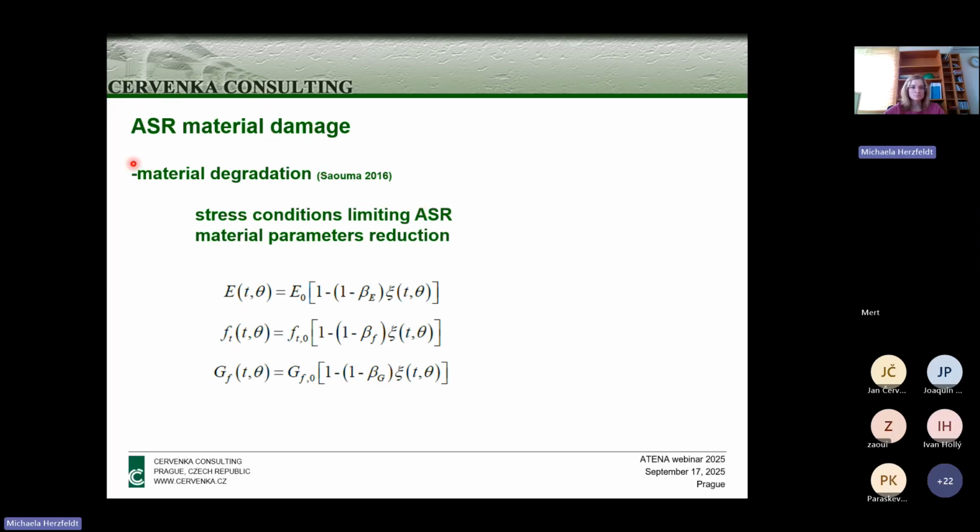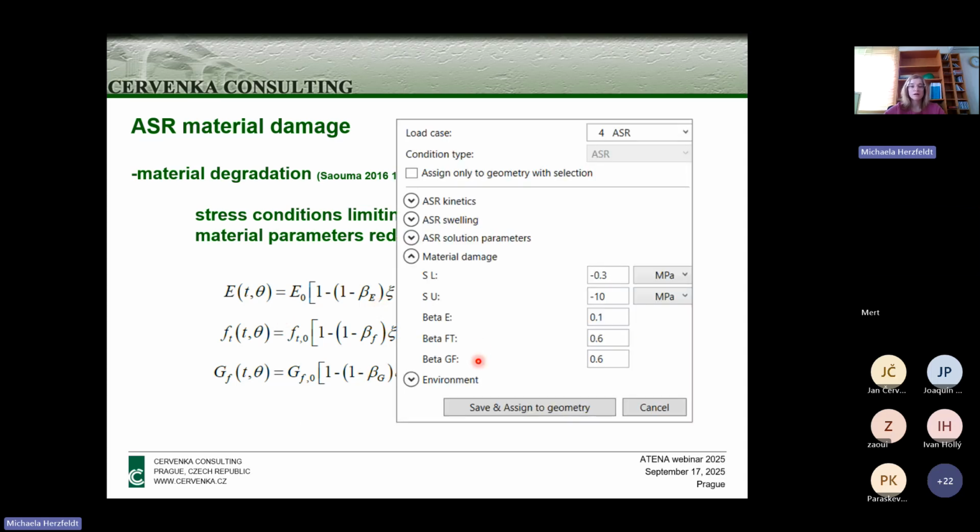This is the material properties reduction. That is something you can have some tests for, so maybe you can adjust it a little bit with these beta parameters, so you know what the reference mechanical properties are, and you can reduce them.